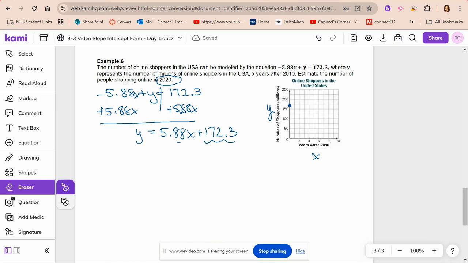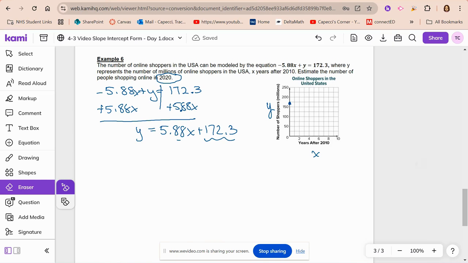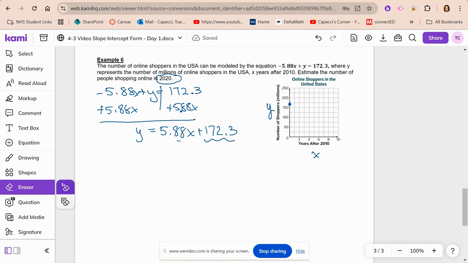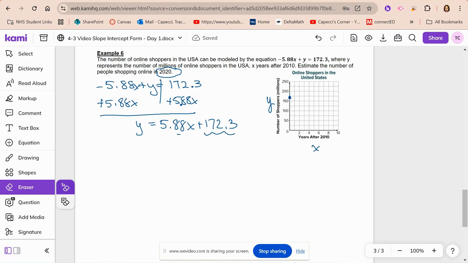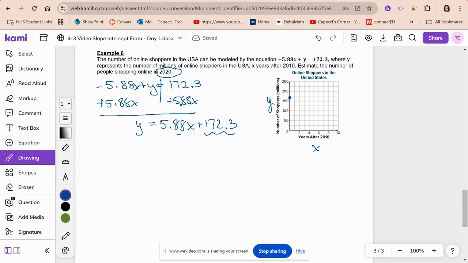Okay, so now the next thing I'm going to do, since it's going to be difficult to use that slope as rise over run, let's take a look here, and I'm going to do kind of two things at once. It says x is years after 2010, right? So we know that when we have 2010, that equals 0. So 2020, which is what they're asking for here, is going to equal 10. x is 10.